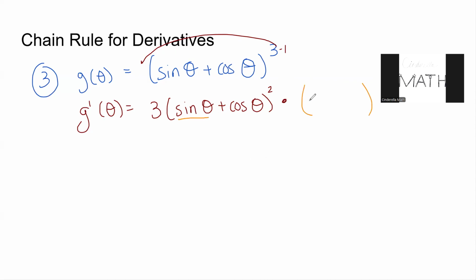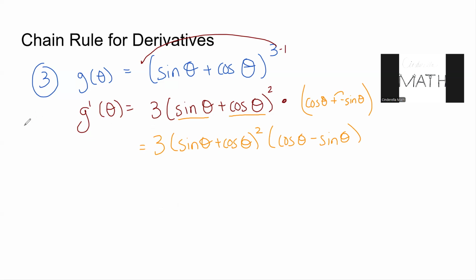Derivative of sine is cosine, plus derivative of cosine is negative sine. And now that plus minus just looks bad, so let's just clean that up a little bit. I would just say that's cosine minus sine instead of plus minus. And I think that's as good as she goes. It doesn't look pretty, but it's fine.